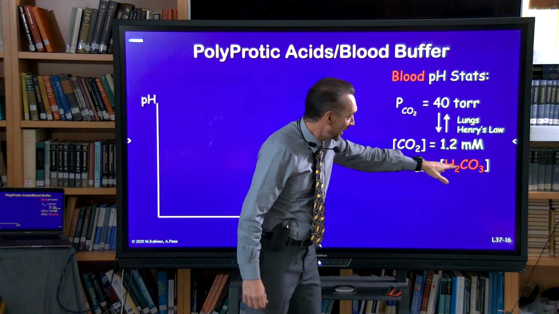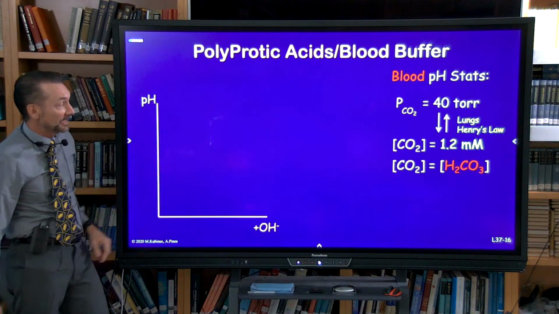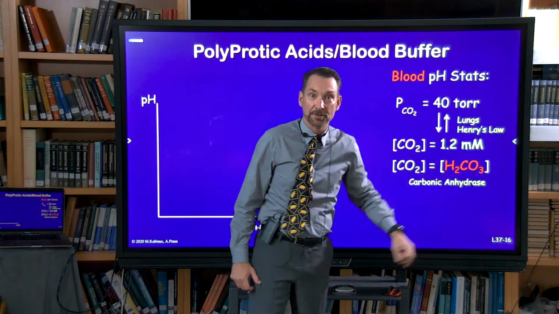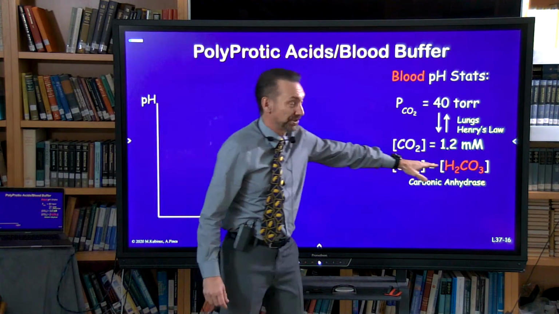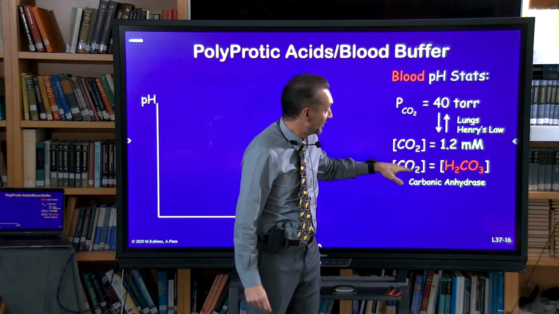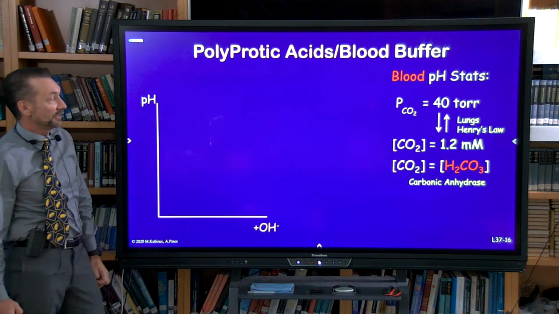The carbon dioxide is turned into carbonic acid very efficiently by carbonic anhydrase. That's one of those special enzymes in your body that mediates that conversion. It's quite good at it.